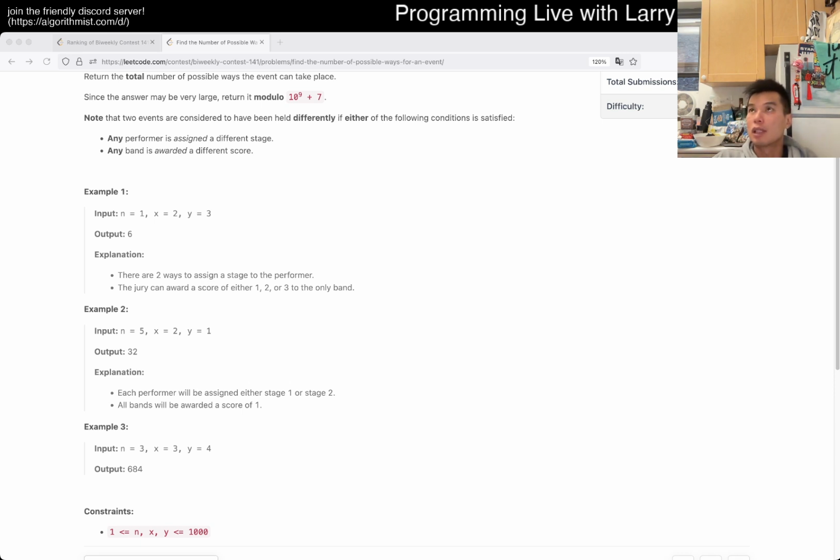Oh, so it's not 2 to the n. Can I do a math thing? Or like an actual programming thing? 3 to the minus. So, okay, let's say we have 3 to the n, right? Which is wrong, but then we subtract it from the number of ways.